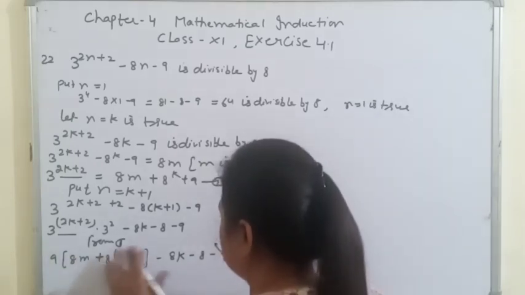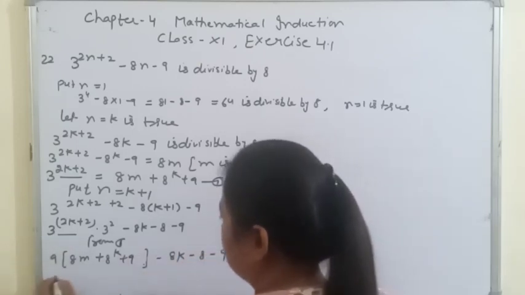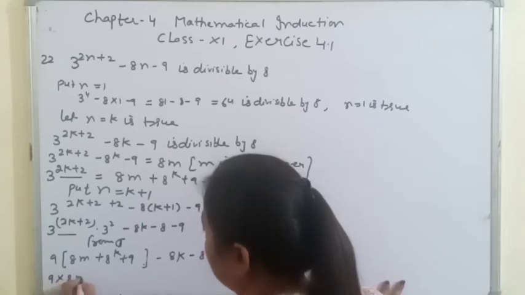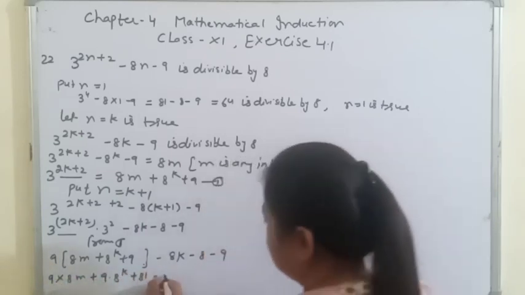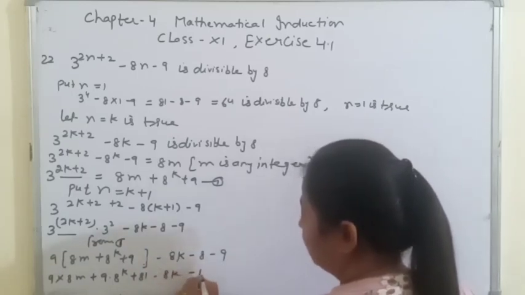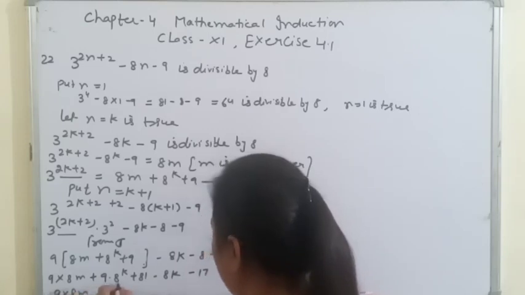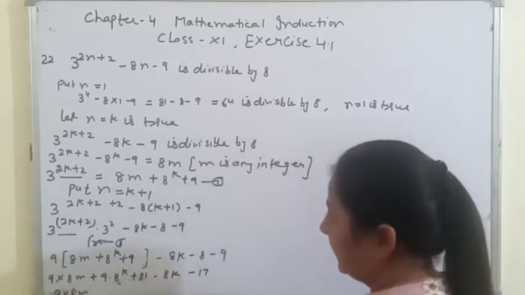Sorry, this is a multiple of 9, so we can't cancel it. So 9 into 8m, 9 into 8 power k, plus 81 minus 8k minus 17.